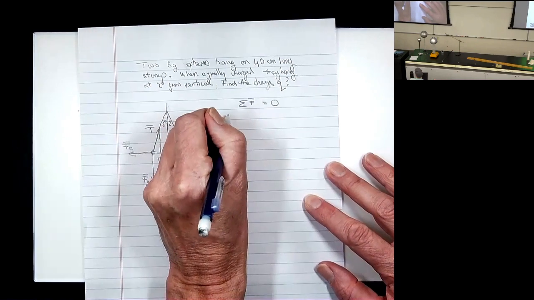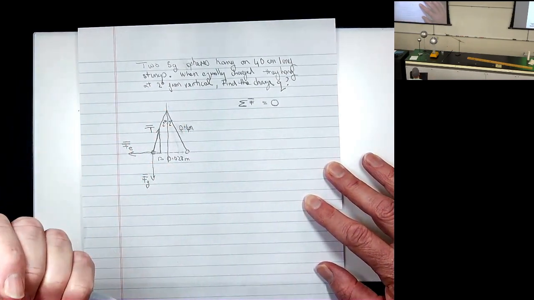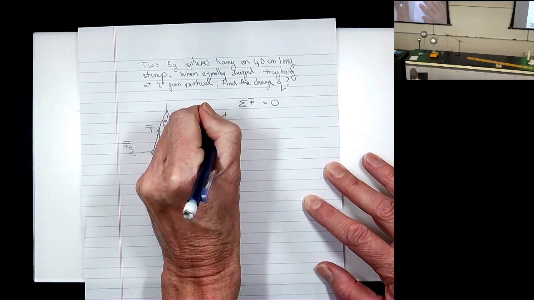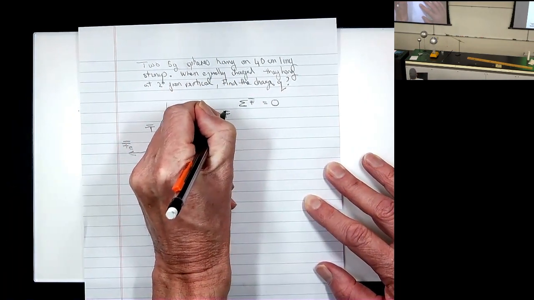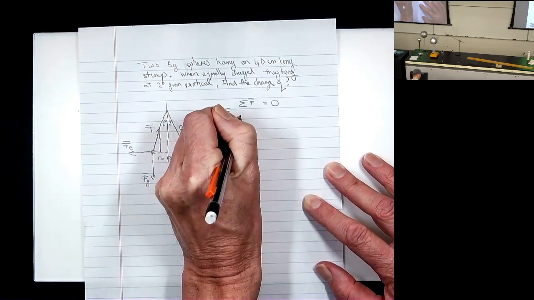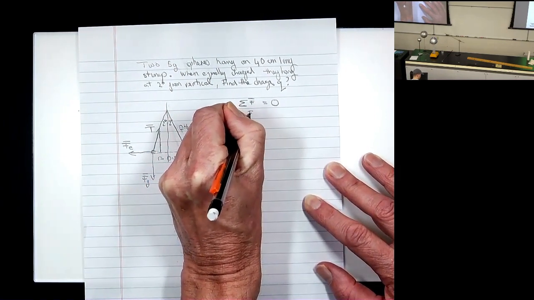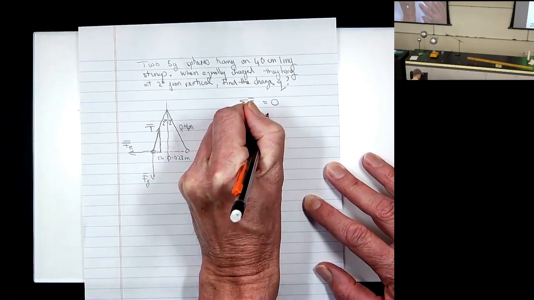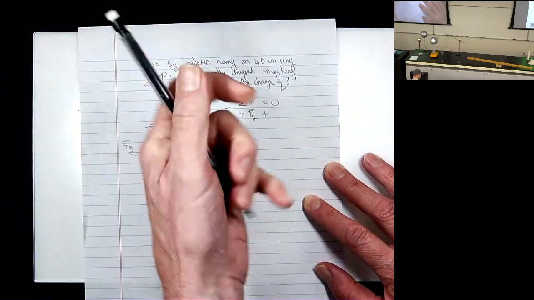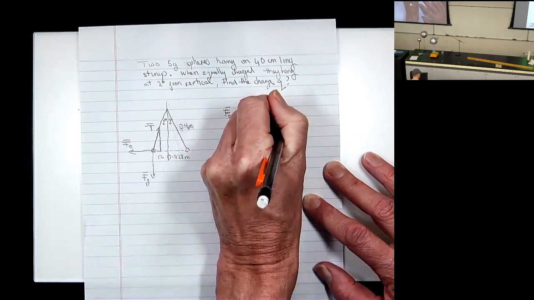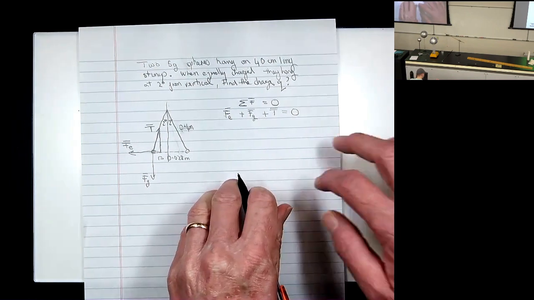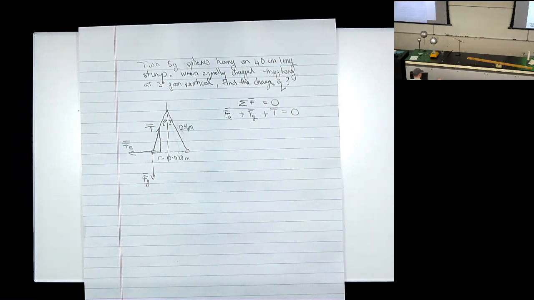So it means actually that the electrical force Fe plus the gravitational force Fg plus the tension force T, those 3 forces, which are vectors, I'm careful to indicate they're vectors, they have directions and they have sizes, add up to 0.